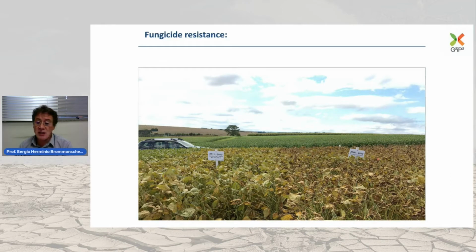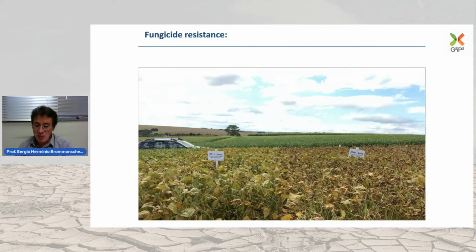You can see here a program that was used in 2006-2010 nowadays cannot provide a very effective control of this disease. And you can see now a program 2011-2015 is not doing so well also compared to the other program here.